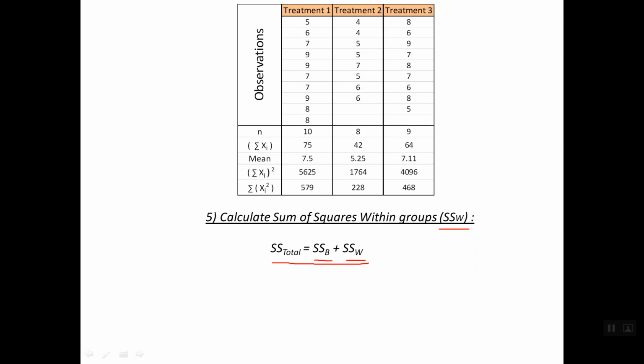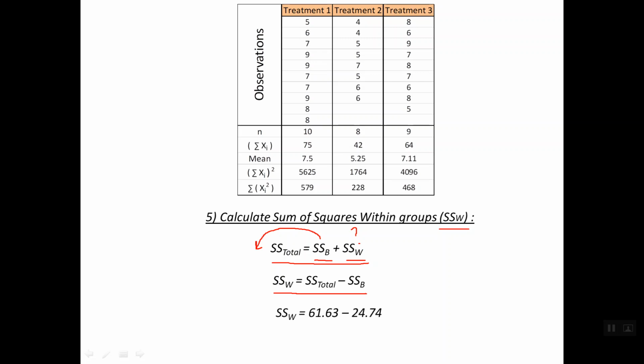So we need to calculate SSW. We can move SSB to the other side, so its sign will be opposite, meaning it will be negative. So SSW will equal SS total minus SSB. Both SS total and SSB have been calculated.